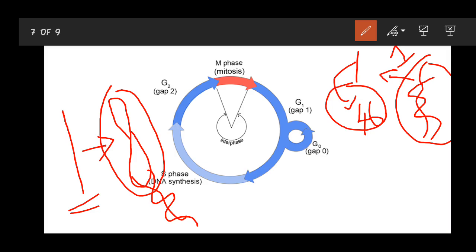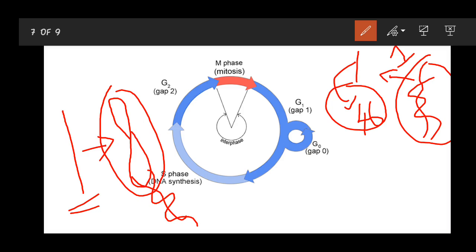So when you talk about a chromatid, it should come to your mind that it is a single stretch of double helical DNA. Is this clear? So this is what a chromatid means.